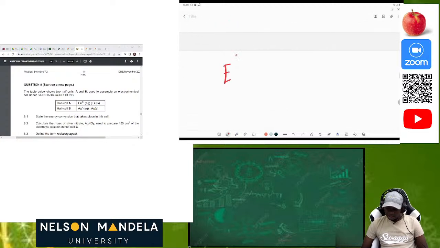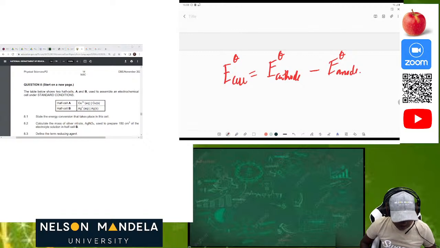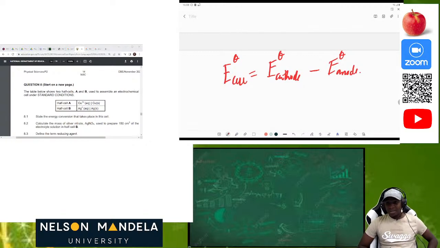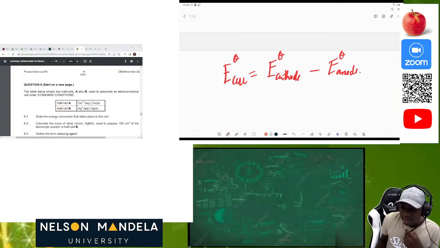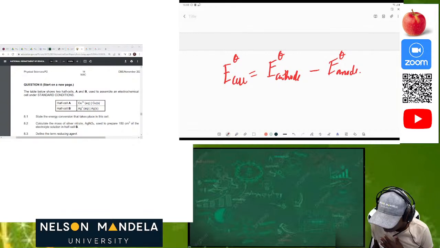E naught cell is equal to E naught cathode minus E naught anode. This is what we use, because we remember that a galvanic cell is connected to a voltmeter. So since it's connected to the voltmeter, we must be able to calculate the EMF of an electrochemical cell.